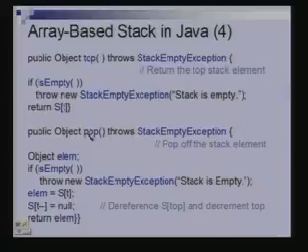If I want to pop the stack, then once again I check if the stack is empty. If the stack is not empty, then I, let us say, save the top element in location element.